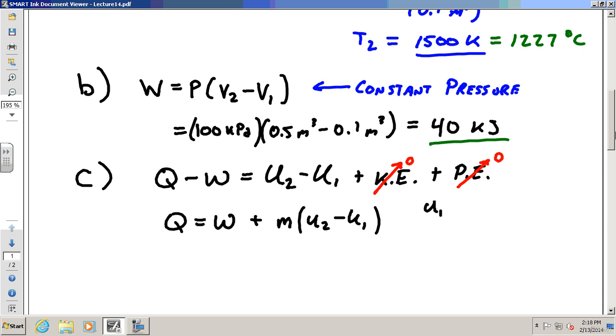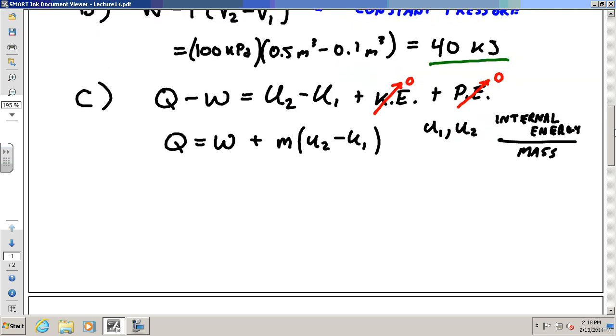Where the little u1, u2 are the internal energy per mass, right? I try to make my little u's small and my big u's big, so you know the difference. One's per mass and one's not.